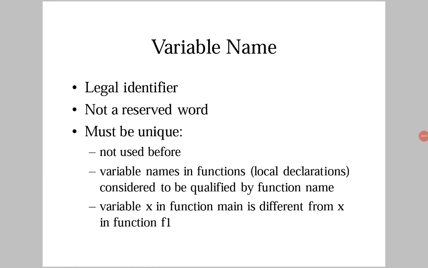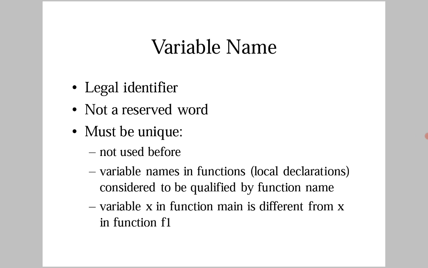Variable name. What are the rules and regulations while creating or using variable names? It must be a legal identifier, not a reserved word, must be unique, and not used before. Variable names in functions are considered to be qualified by the function.